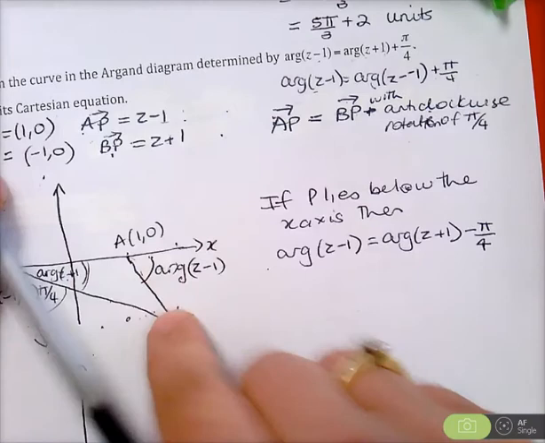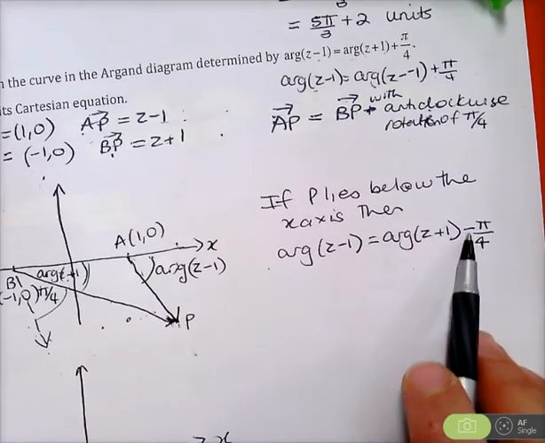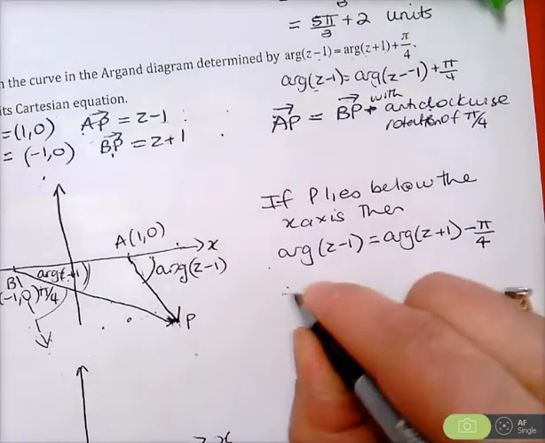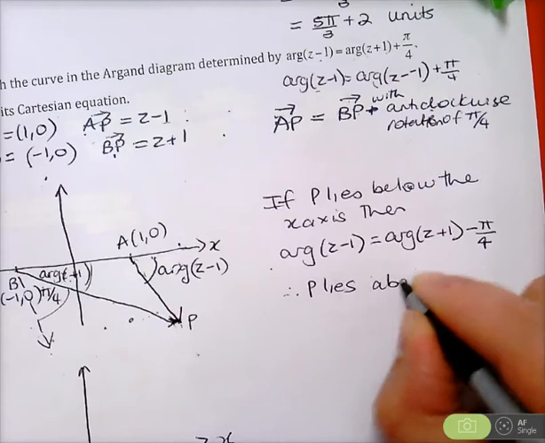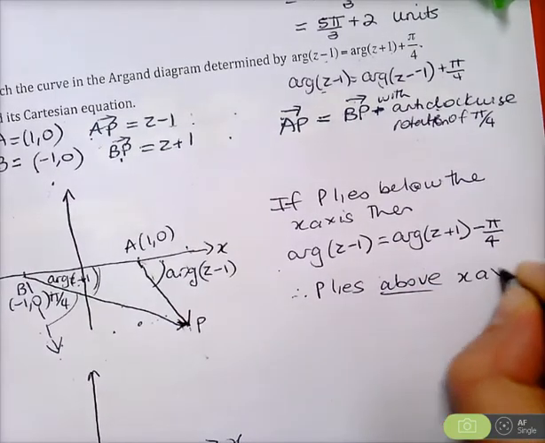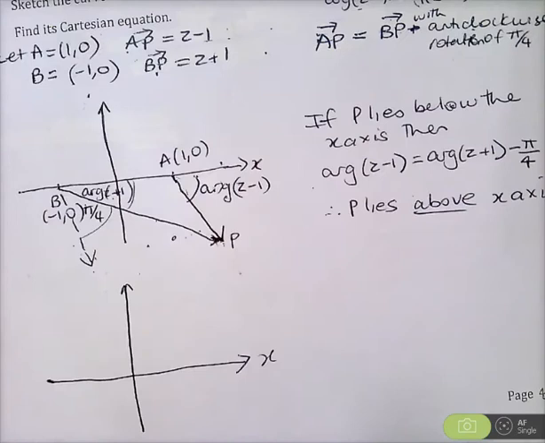So if P lies below the x-axis, then I've got the minus pi on 4 situation. Therefore, P must lie above the x-axis. You've got two guesses, below or above. If you guess the wrong one first, then the other one's going to be right.